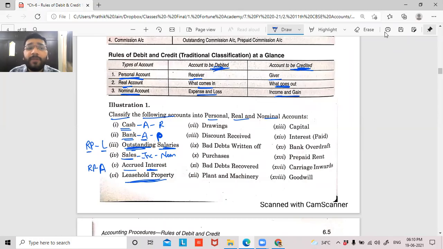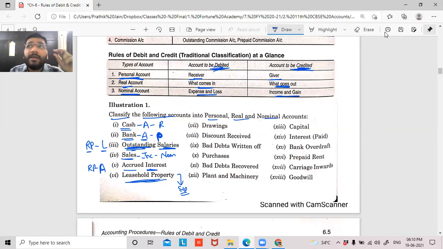Because you're using this property for more than 1 year, you're getting the benefit beyond 1 year. You could say this is an expense, but what do I call an expense? Expense is something where the benefit of spending that money is consumed within that financial year. Asset is something where, even though you make the payment, for example, I'm buying a car, you may say it is an expense.